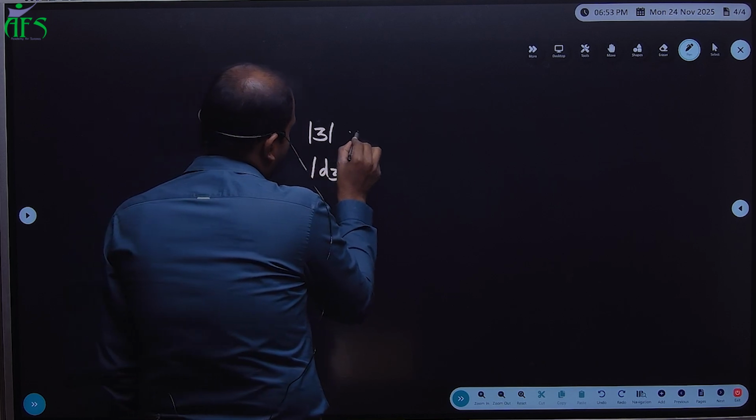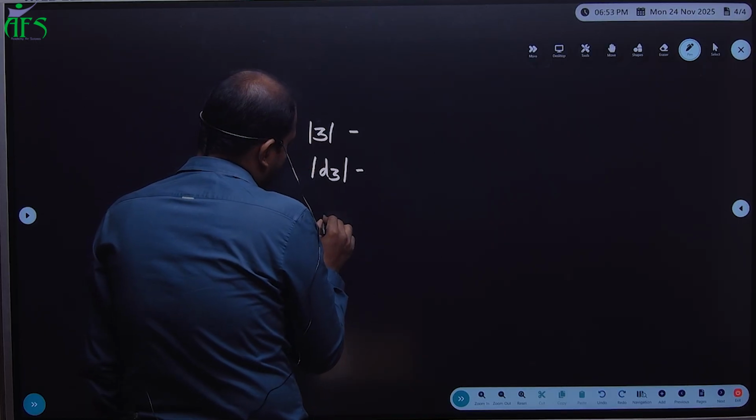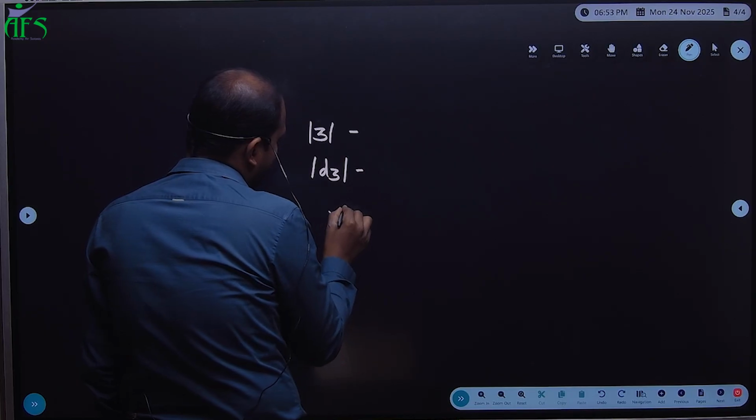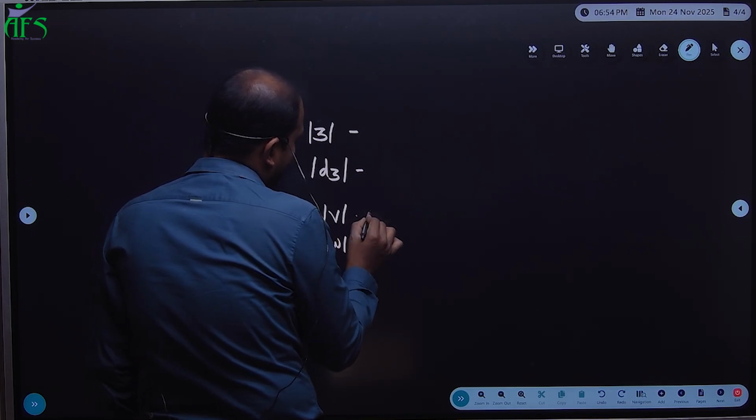These are the two j sounds, and another pair is w and another w.